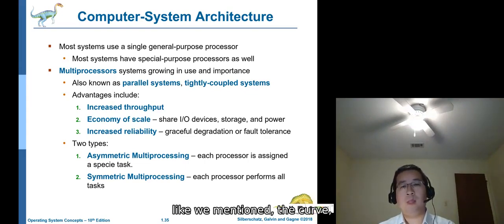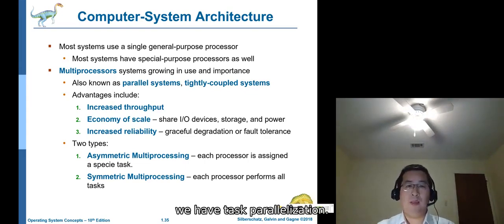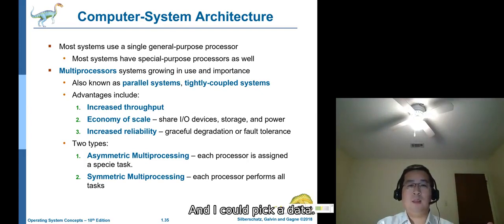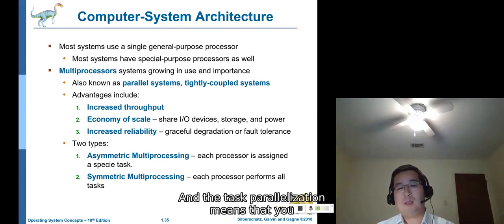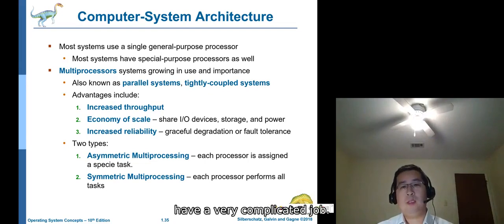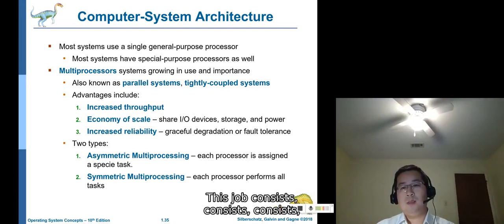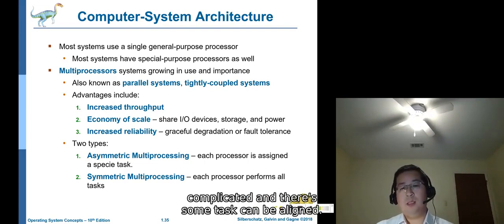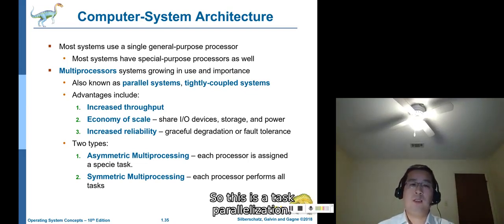As we mentioned, we have task parallelization and data parallelization. Data parallelization means you have a lot of data to process, like big data. Task parallelization means you have a very complicated job, consisting of a set of tasks, several steps, and some tasks can be parallelized.